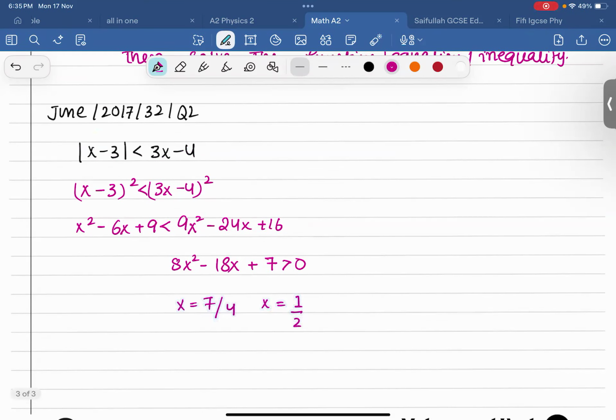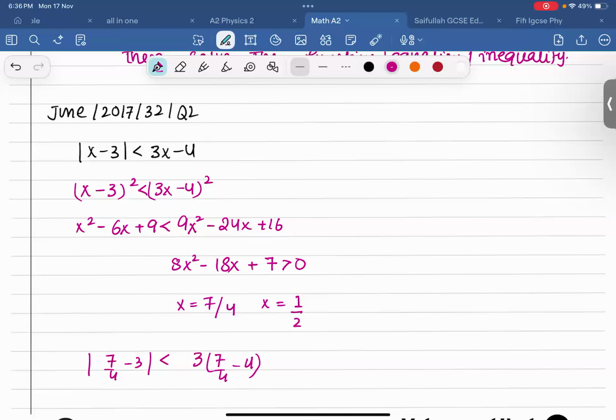If you put both of the values into your original inequality to see what you are getting: if I put 7 over 4 in the first one, |7/4 - 3| is less than 3 times 7 over 4 minus 4, right? We have to see whether the inequality is satisfied by this value or not.